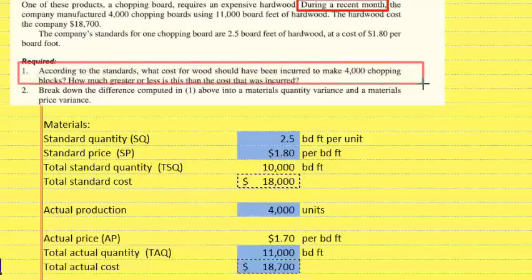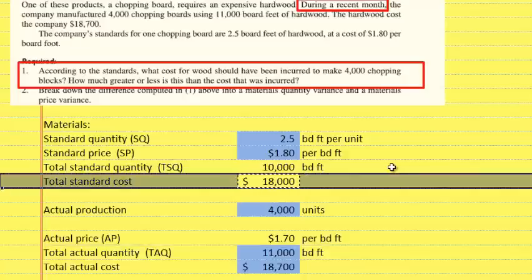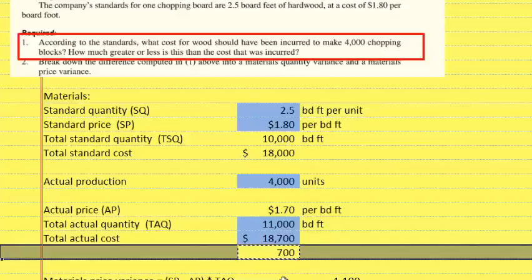So requirement 1 says what cost should have been incurred. Well, that cost right there, the total standard cost. How much greater or less was this than the cost incurred? Let me go down here and let me subtract those two things. And there's the answer to the second part of requirement 1.